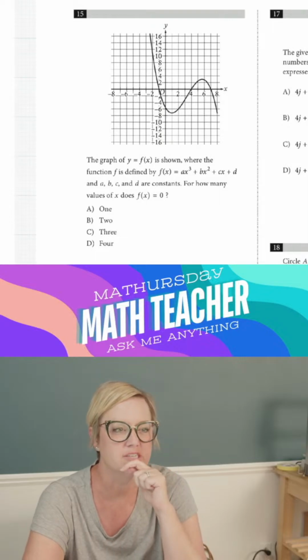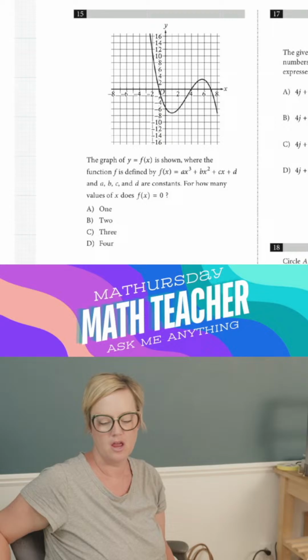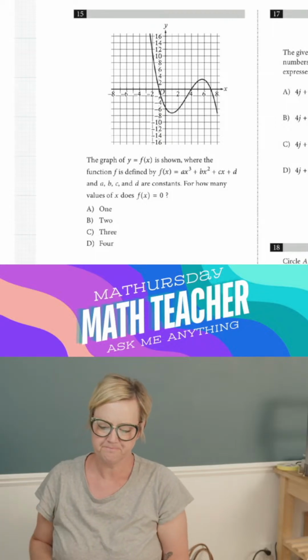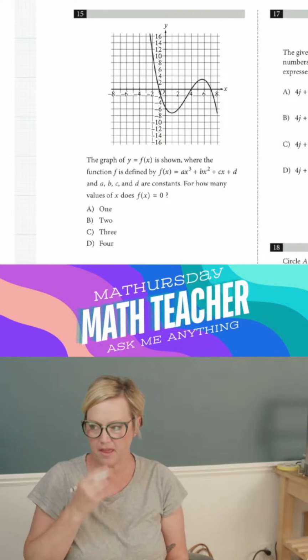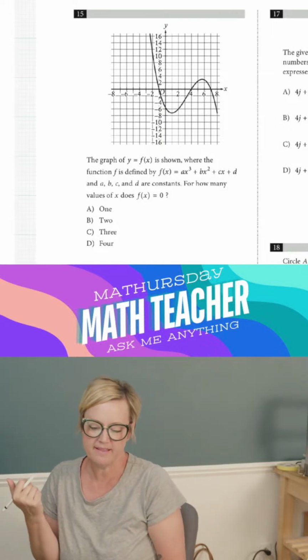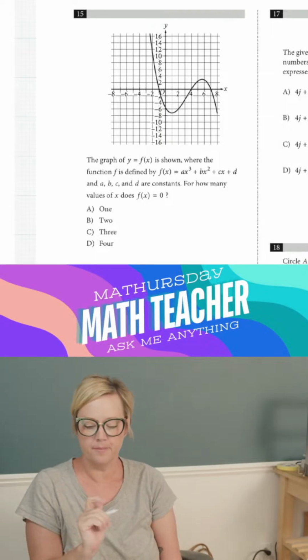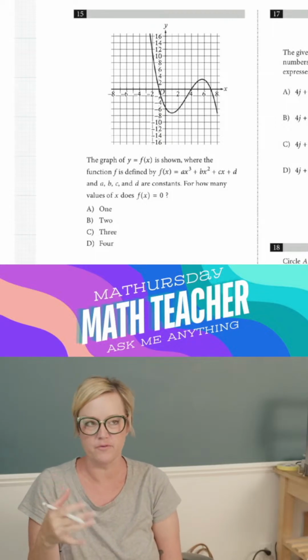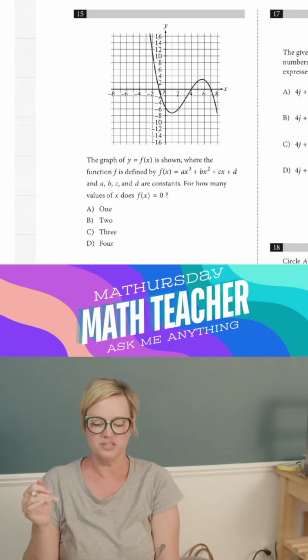Ooh, that's a good question. So what makes solving a function different from solving a regular equation? It kind of depends on what you mean by regular equation. There are a lot of different reasons why this is a function and not just an equation.